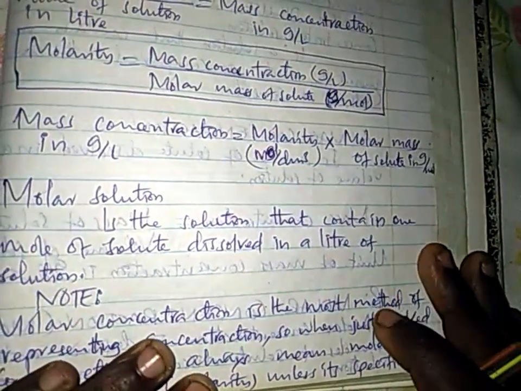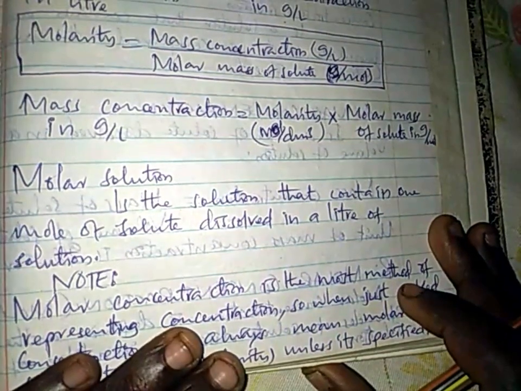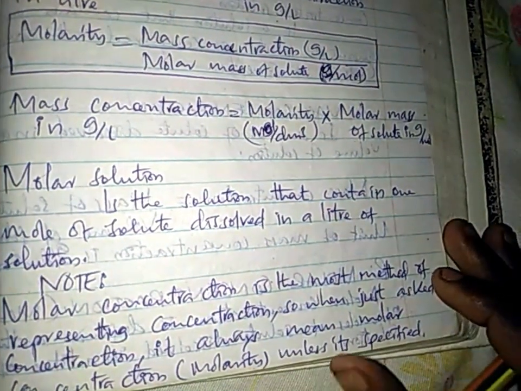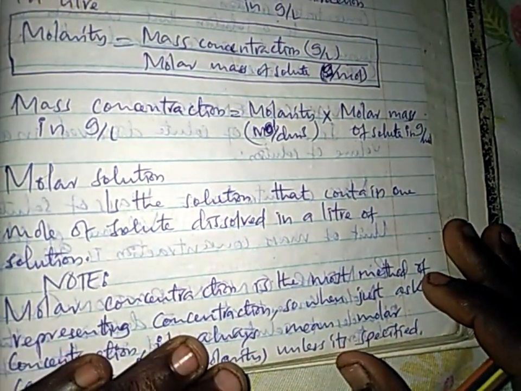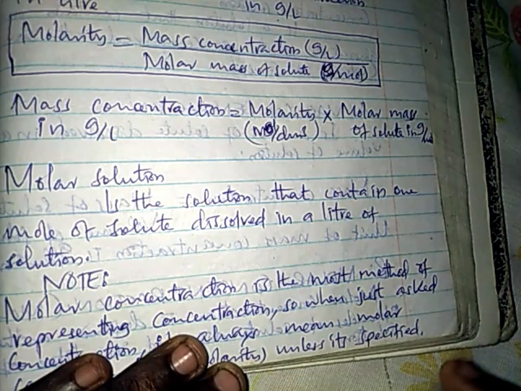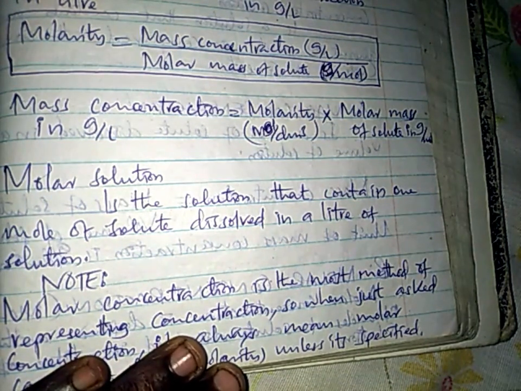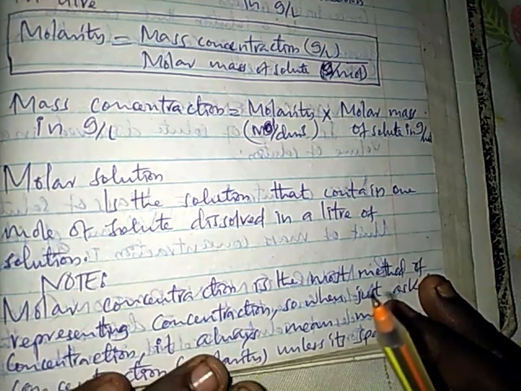So if we define a molar solution from form 3 chemistry, the definition of a molar solution is the solution that contains 1 mole of a substance, or 1 mole of solute, dissolved in a liter of solution.